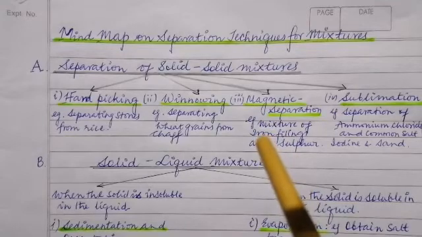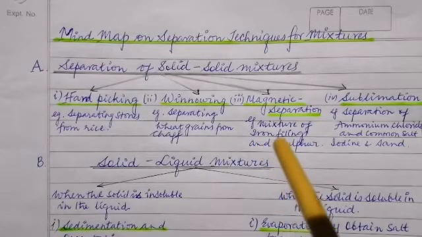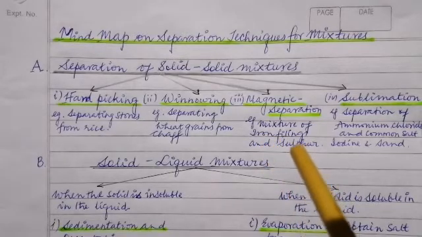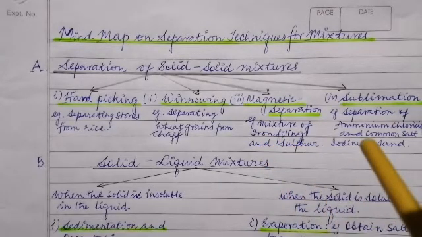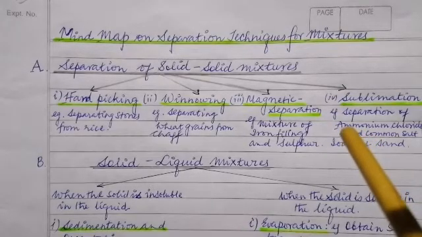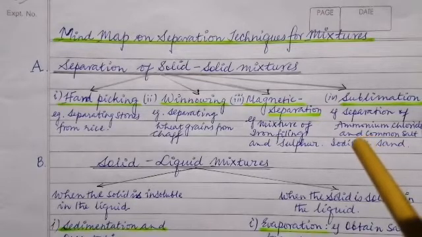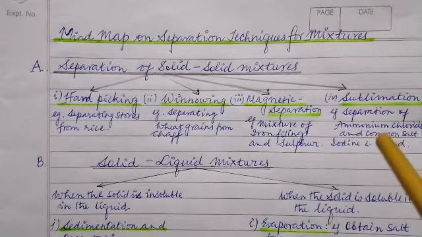Magnetic separation is employed only if one of the components of the mixture is a magnetic substance. For example, a mixture of iron filings and sulfur. Then let us move on to sublimation. Sublimation is employed when one of the components is a subliming substance.